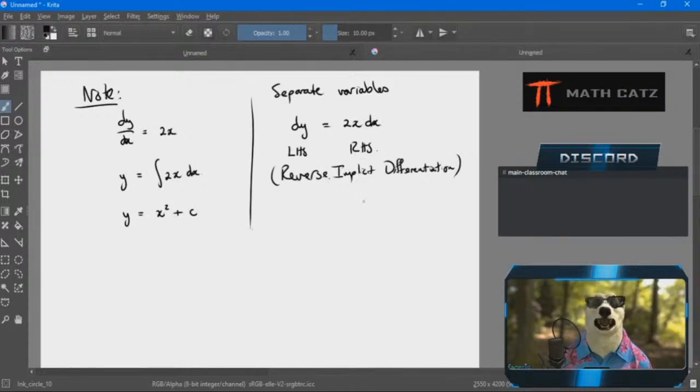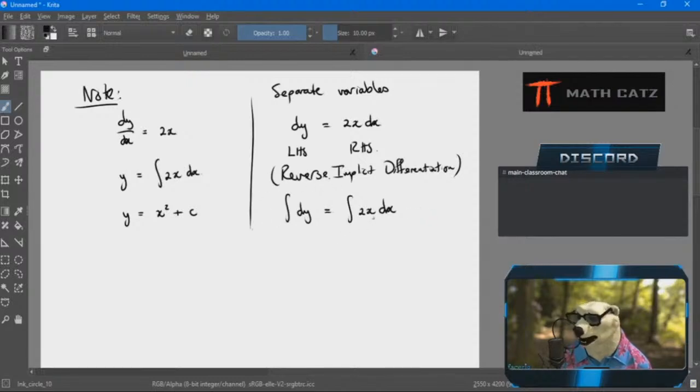And what's the reverse of differentiation? Well, in a way, antiderivatives is the reverse. So what I'm going to do is I'm going to take the antiderivative on both sides. Now, the convenience of the differentials is I already have the closing part of this integral.